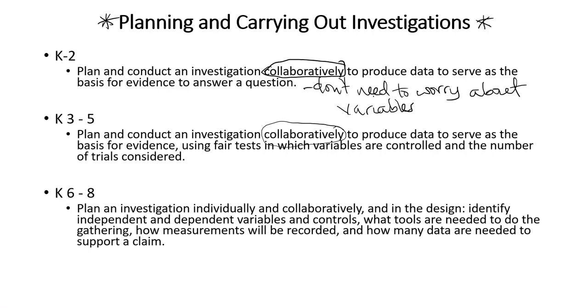K3 and 4, it is also a collaborative activity. But now you need to think about which variables am I controlling, and which variables are changing. So at this point, when you are designing an experiment, worry about variables. So the questions will be different.